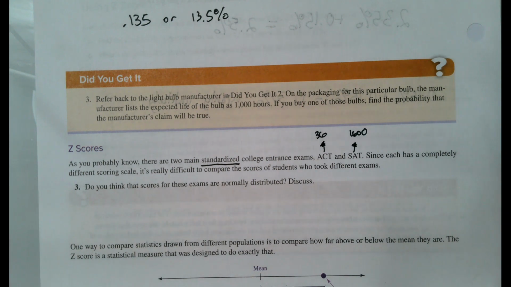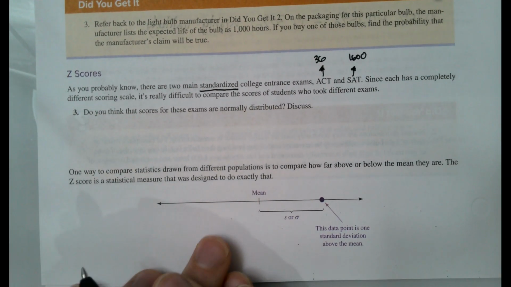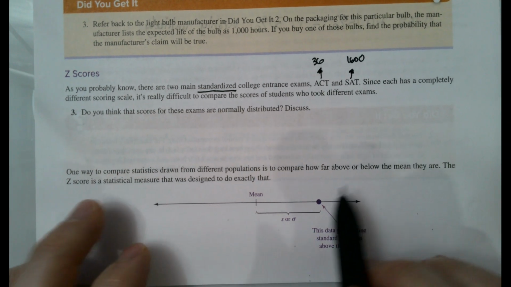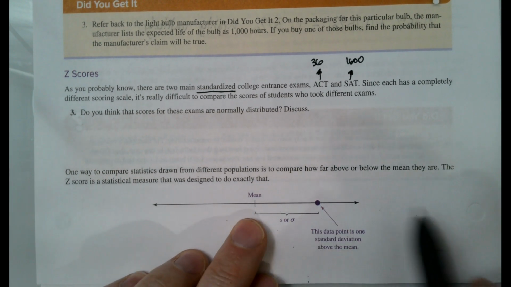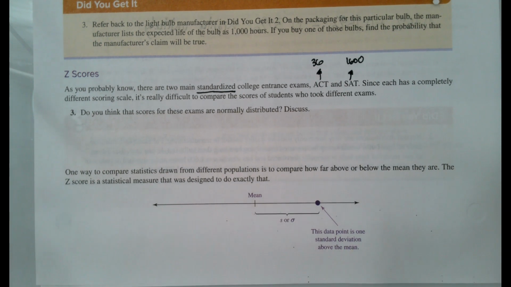Now, we can't compare their scores directly, so what we do is we compare them using what's called a z-score, and it's a way to standardize different data sets. What the z-score does is it takes a data value and measures how far that data value is from the mean.